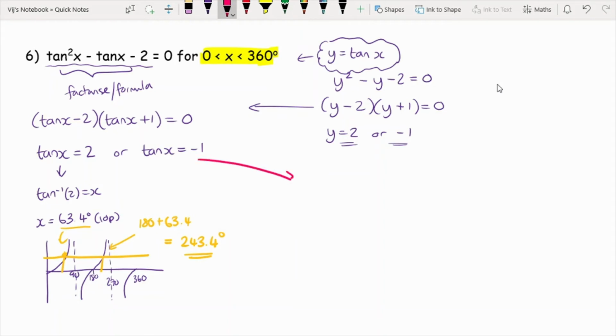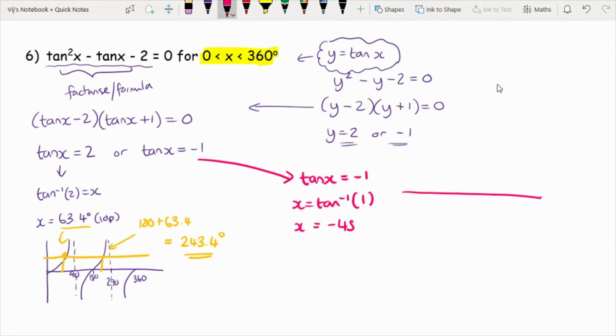So working with this here, I've got tan x equals minus 1. So if I do x equals the inverse tan of 1, I get x equals minus 45. And again, if I just do a not so accurate graph, which I've spotted a small mistake.